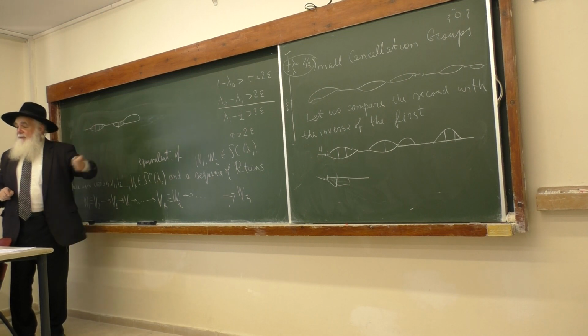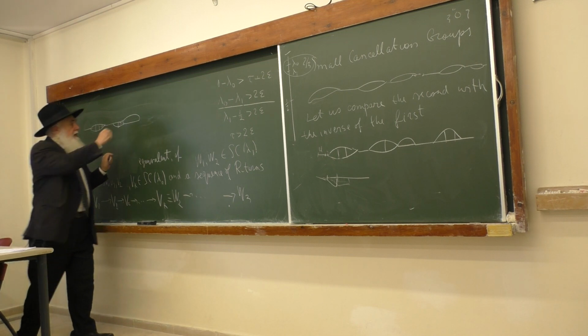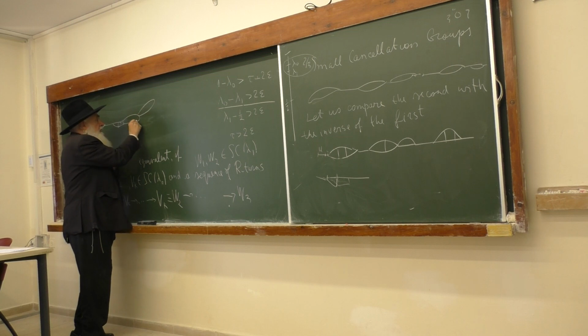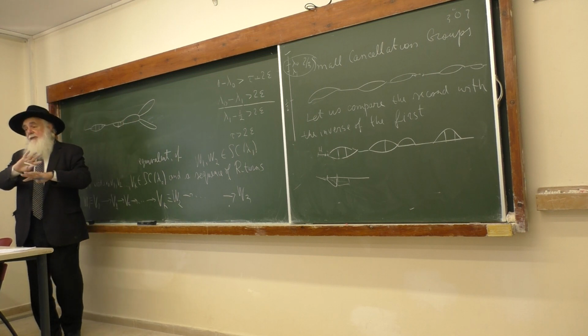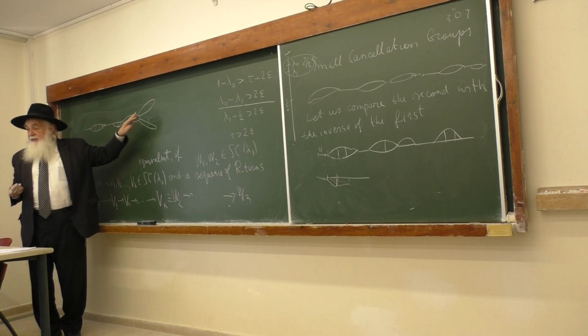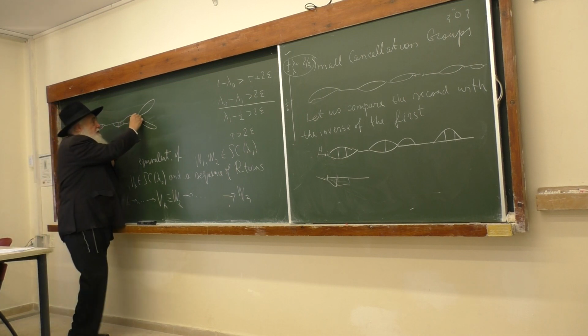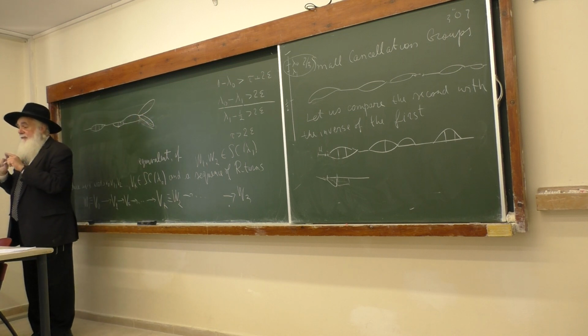Then the next one might be different cells. How could it be? We have one cell here and one cell here also. The common part could be no bigger than epsilon, and they may overlap in any way. It should not just be disjoint; it could be just this part also, doesn't matter. In all ways the common part is less than epsilon.